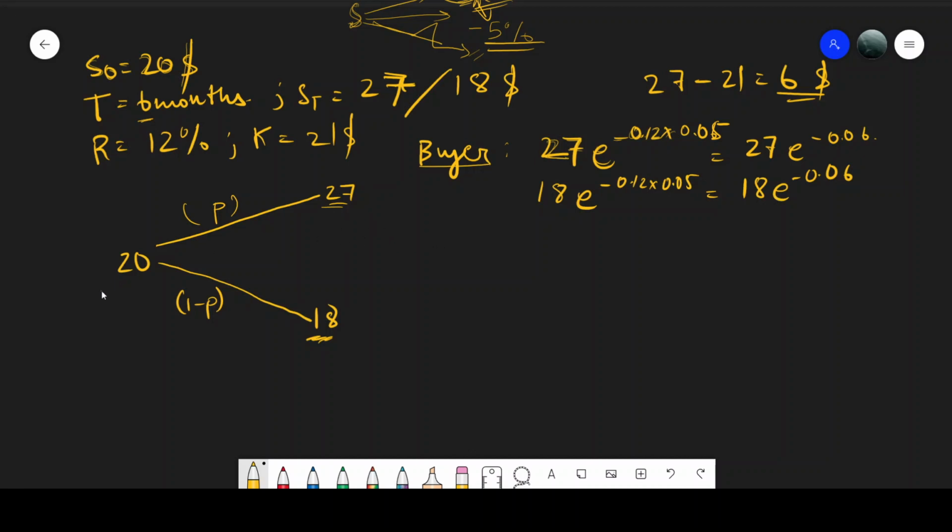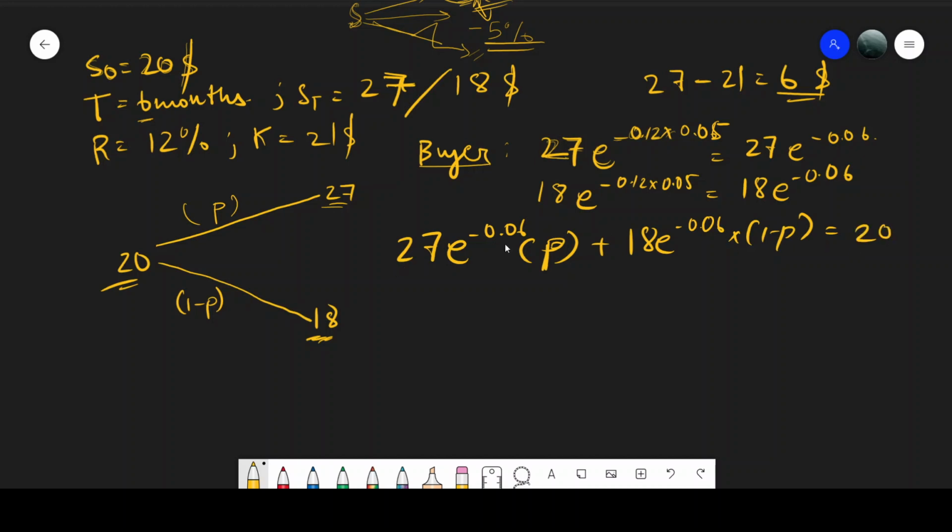It should be equal to 20 because 20 is the price of the asset. 27 e to the power minus 0.06 into P plus 18 into e to the power minus 0.06 into 1 minus P is equal to what? For a fair game, this should be equal to 20, right? Because I'm discounting both the values, taking their probability measures to the present price. So for this to be fair, it has to be equal to 20 at all times. Okay.